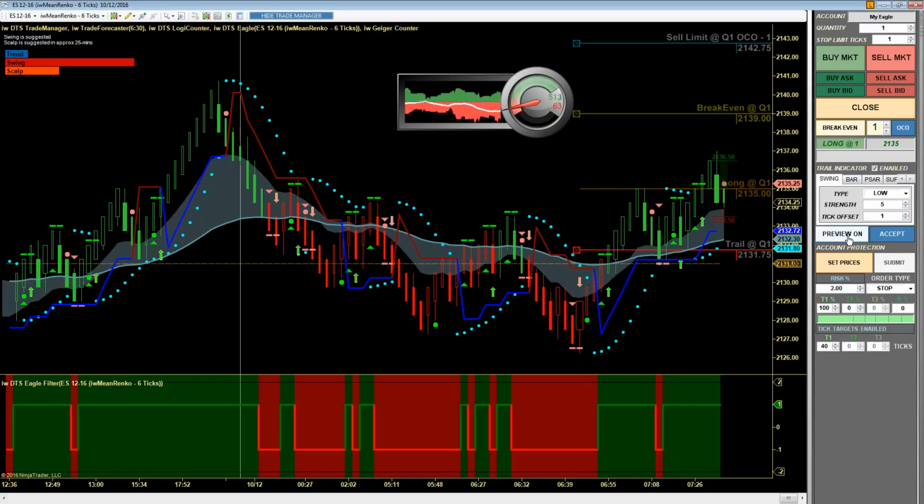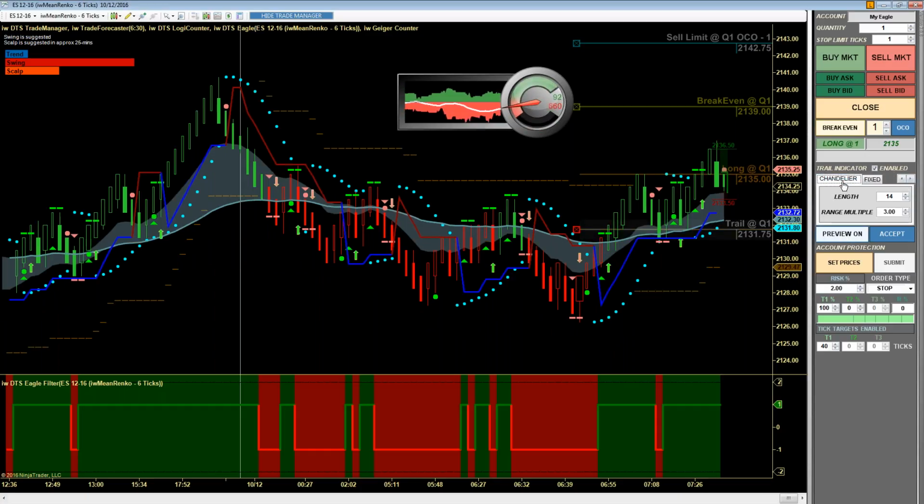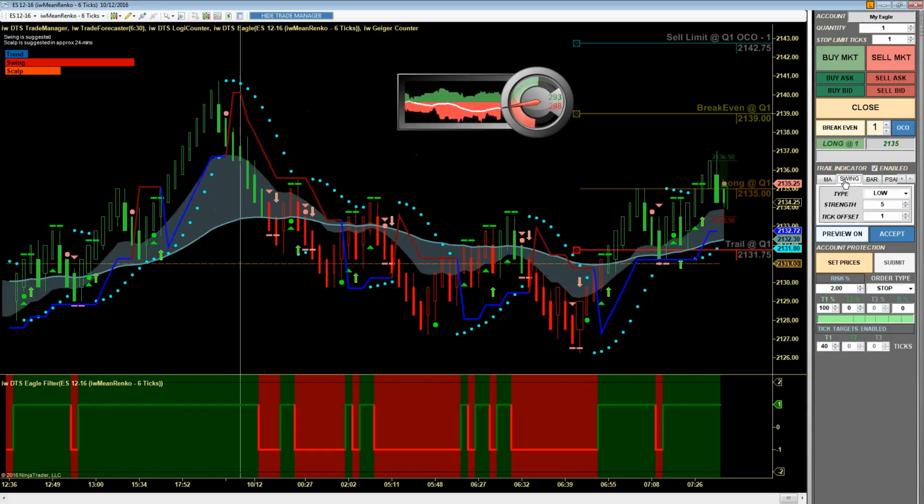There we go. So you see I can preview different stop strategies. This is the swing strategy. Maybe a chandelier. No, chandelier is going to be too far away. Because the parabolic might be a little bit too aggressive to start.